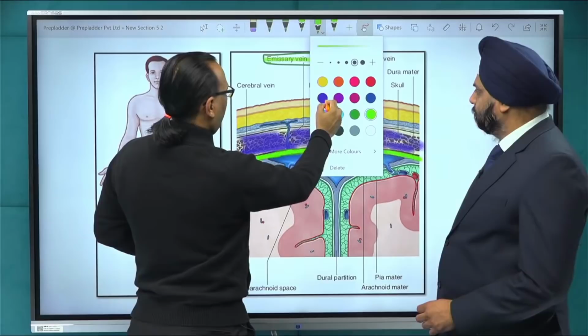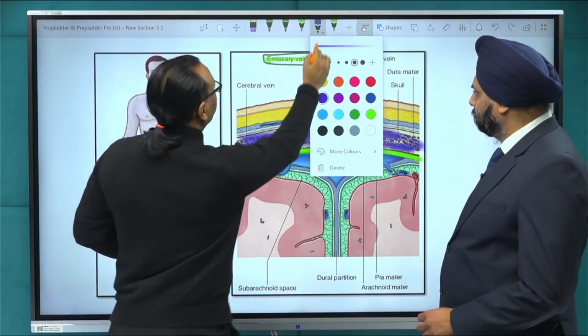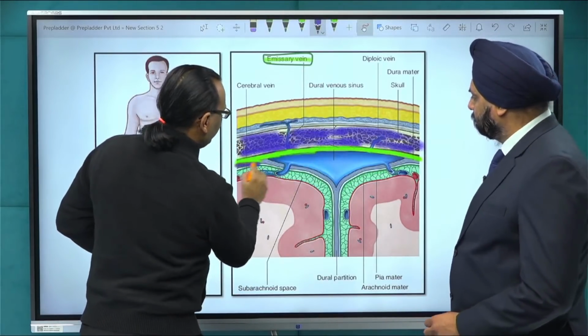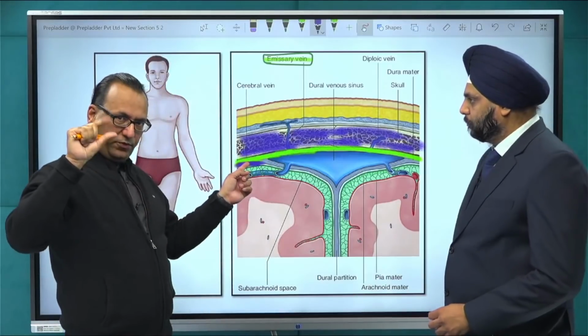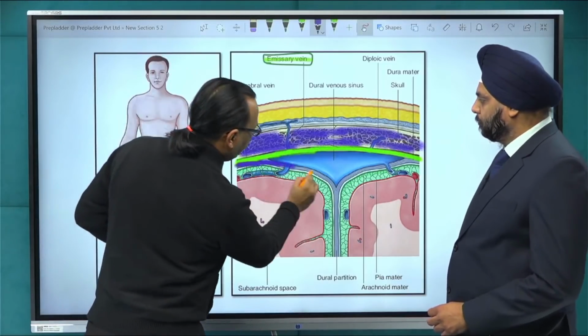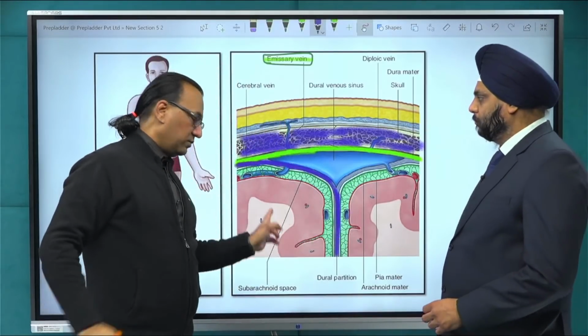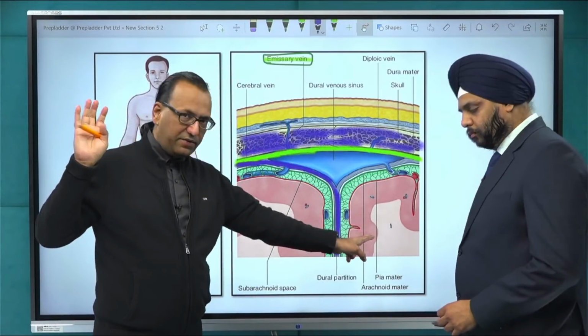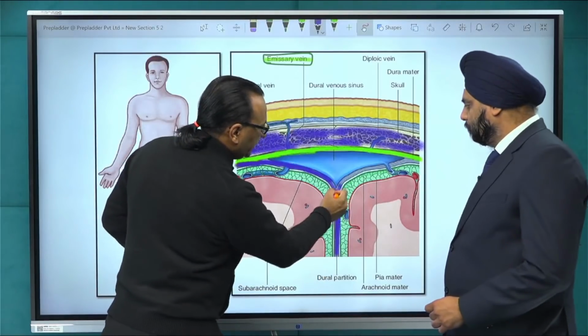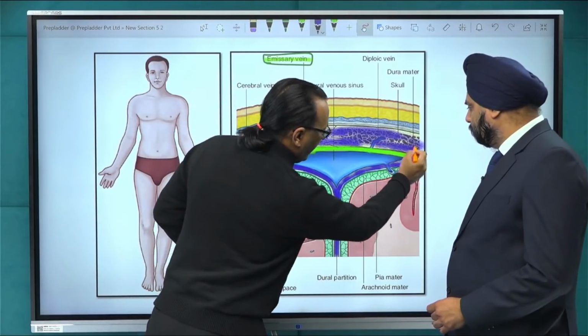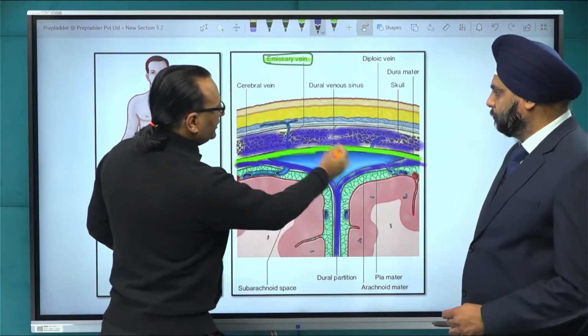Let us represent it with this color. The meningeal layer and endosteal layer are basically fused, but they separate, and when they separate you will find the falx cerebri here, separating the right cerebral half from the left cerebral half. Then this meningeal layer goes back and fuses with the endosteal layer. This is the dural venous sinus we are talking about.